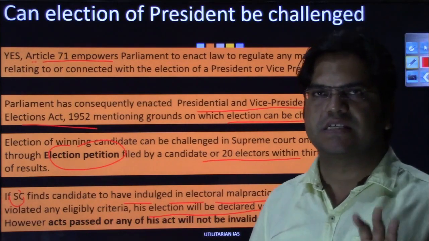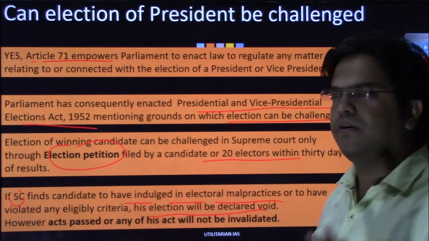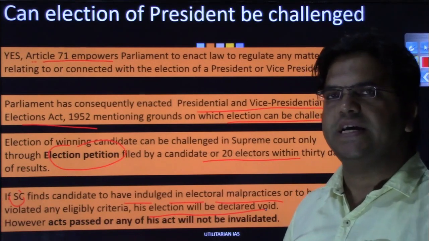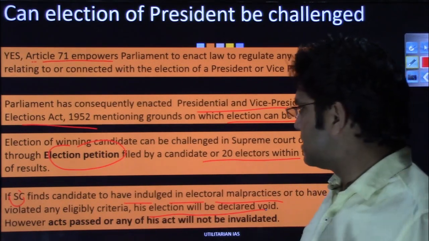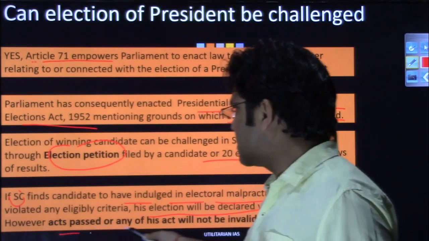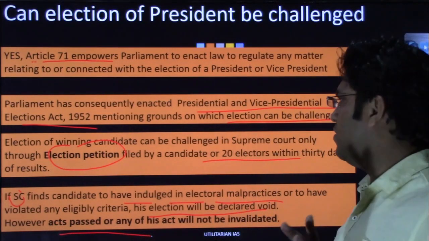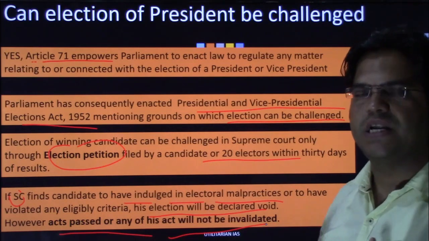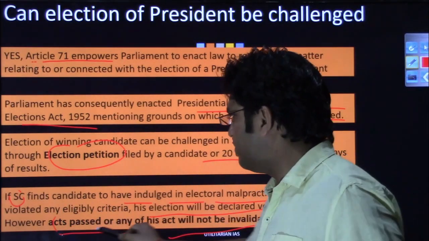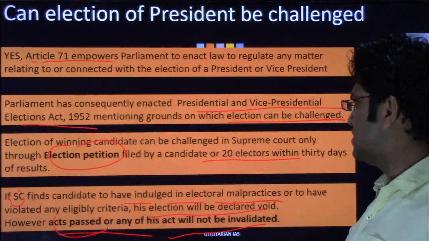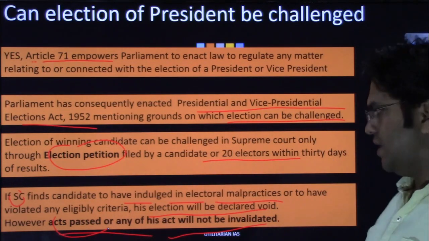And in case his election has been declared void, and if he had already assumed the office and done certain acts, in that case any of his acts will not be invalidated, right? Even if his election has been declared void, the acts that he has done will not be invalidated.